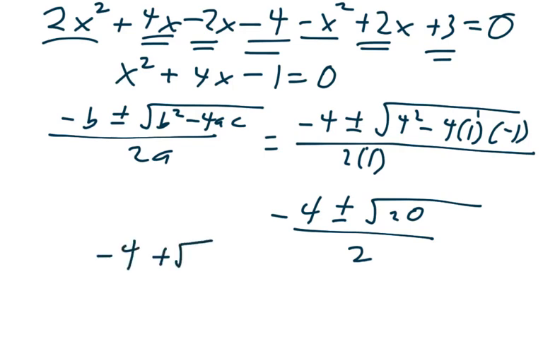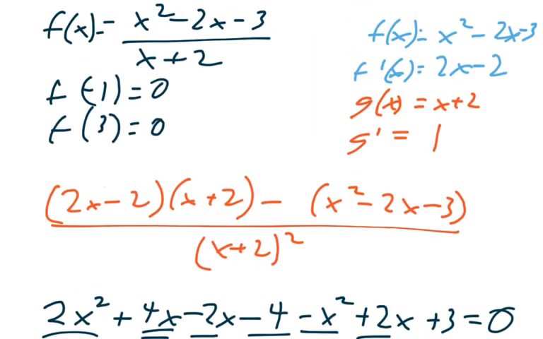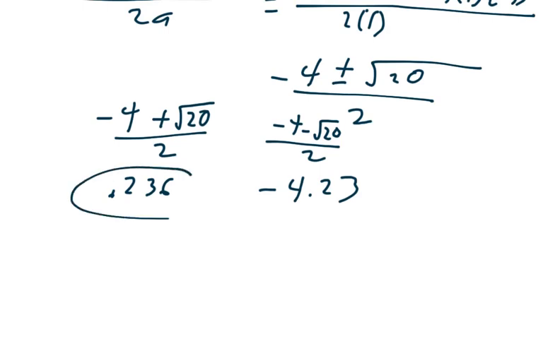So we got negative 4 plus the square root of 20 over 2 and negative 4 minus the square root of 20 over 2. This one is 0.236 and this one is negative 4.23. And since we need the number in between negative 1 and 3, that's my only answer.